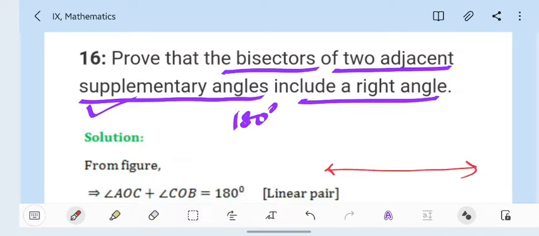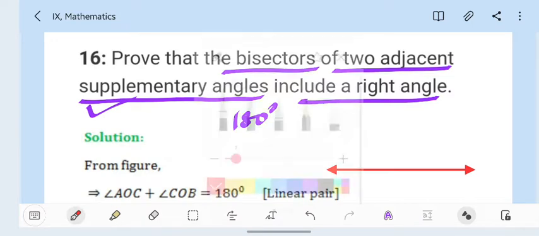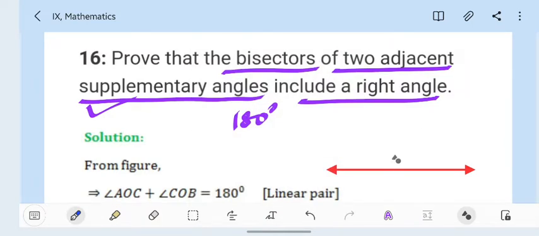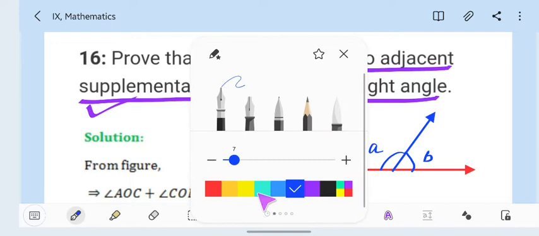See, this is a line I've made, and I'll draw the adjacent angle from here. So these are two adjacent angles, A and B, and the bisectors of these two angles.